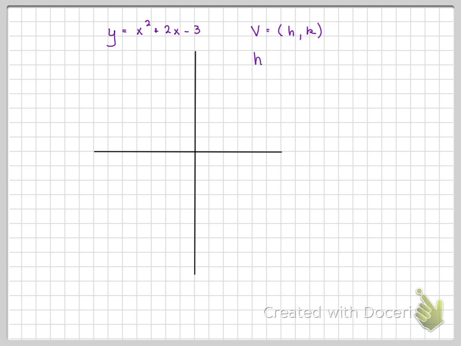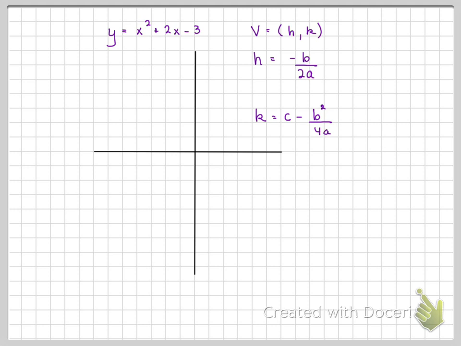Okay, so the h is equal to negative b over 2a, and the k value is equal to c minus b squared over 4a. So the very first thing that we are going to do before we graph this is find the vertex.